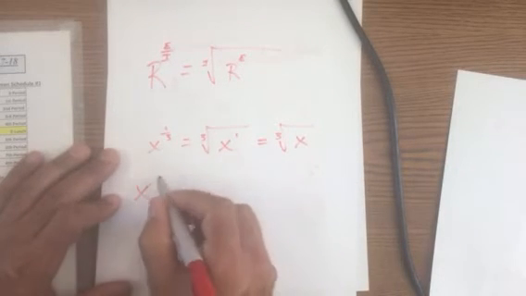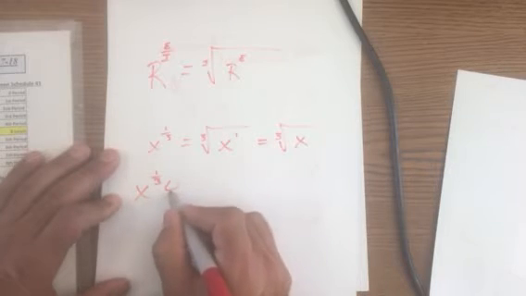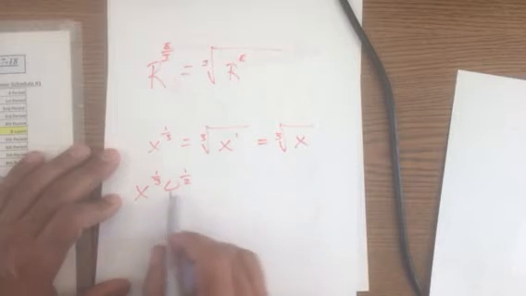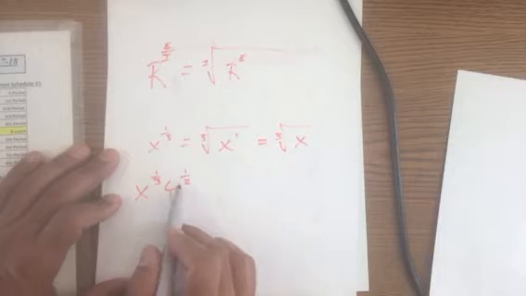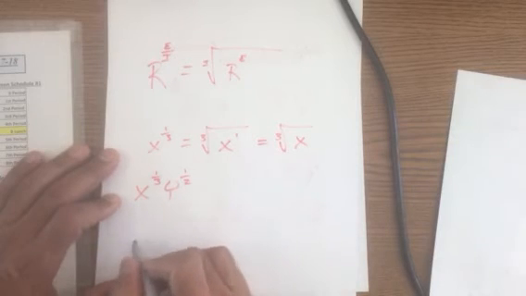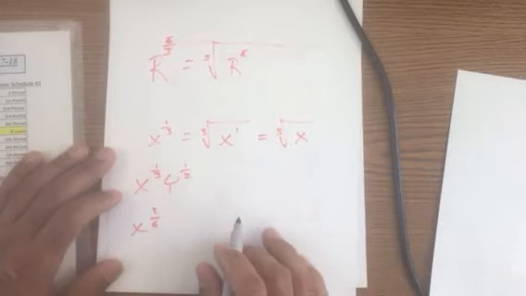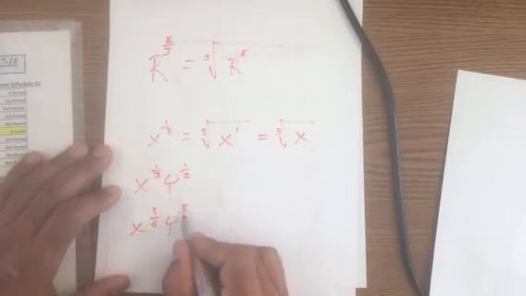If I have different exponents right here, like different denominators on my exponents, I need to get a common denominator. I can't put this in the same radical because this one's a cube root and this one's a square root. But I can turn both of these into 6th roots. So this is going to be 2/6, and this is going to be 3/6.